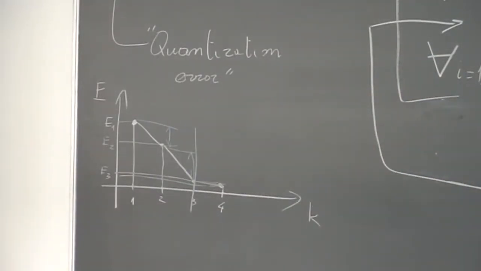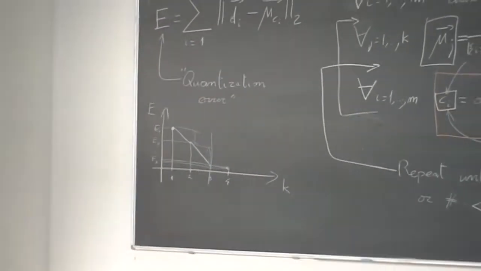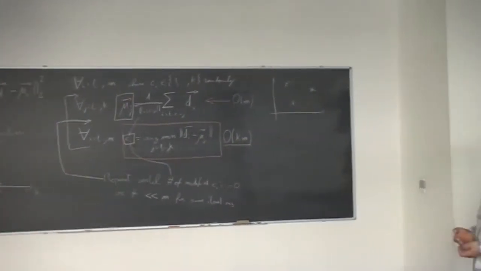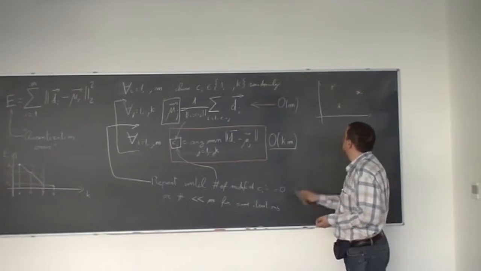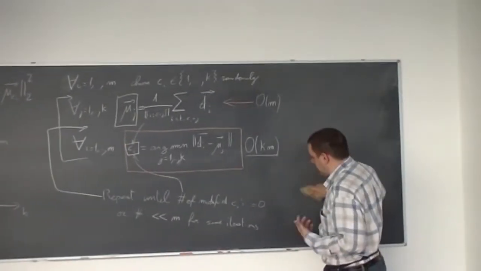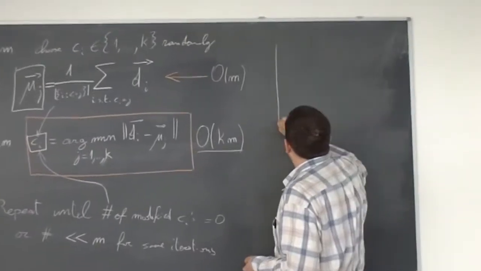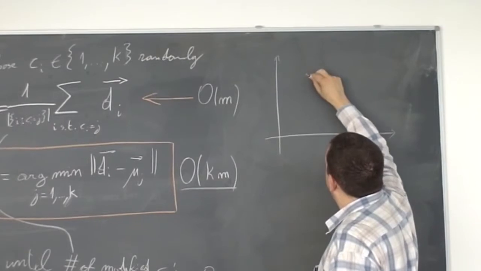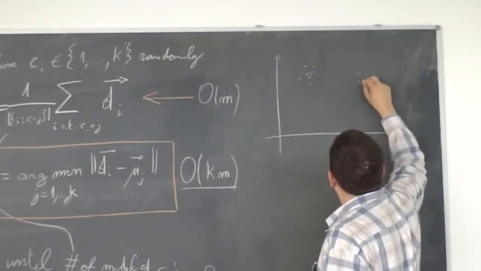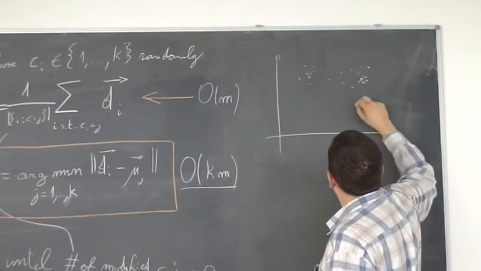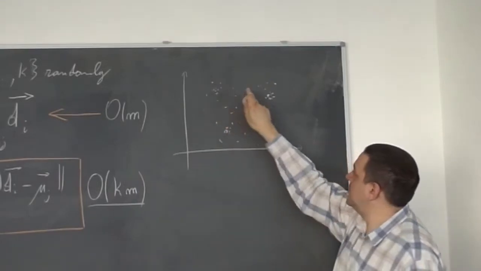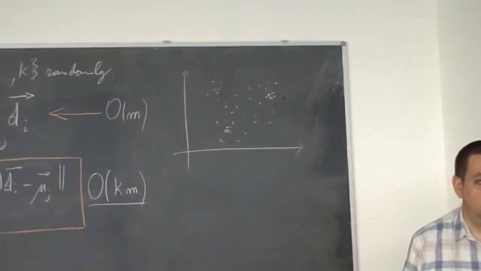Of course, this is not always the case. I mean, what we usually have is not a case like that, but maybe some case where we have points everywhere, but with more density on some specific places.